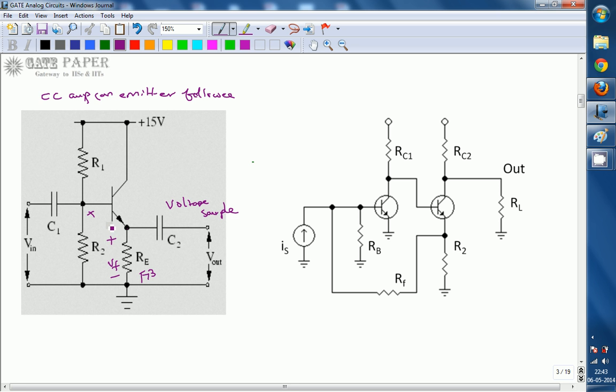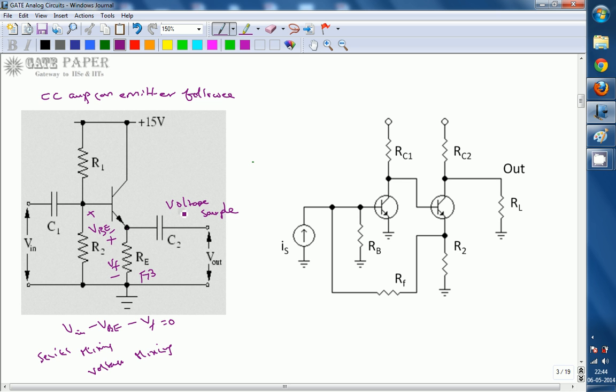If you write the KVL, what you will get is V input minus VBE minus VF is equal to 0. So here the feedback signal is in series with the input signal, so it is series mixing, or it is called voltage mixing.